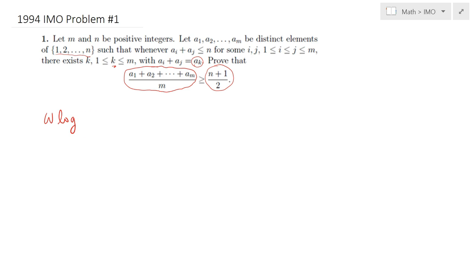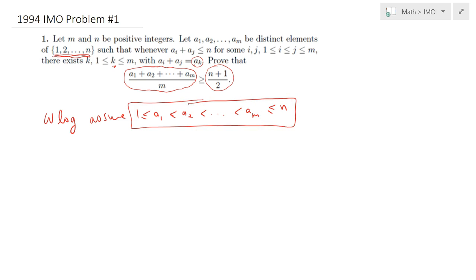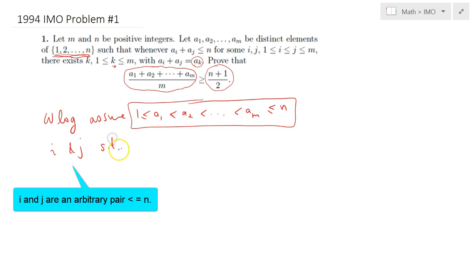We can assume that the a_i's are ordered in increasing order, and these are all less than or equal to n, because they are all taken from this set, and greater than or equal to 1. So let's assume that the a_i's are ordered in this way, and let i and j be two indices such that a_i plus a_j is less than or equal to n.